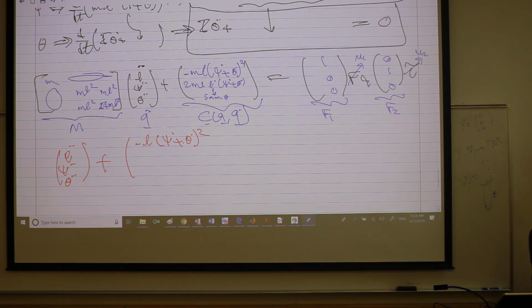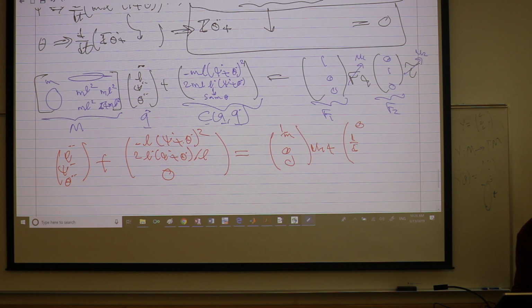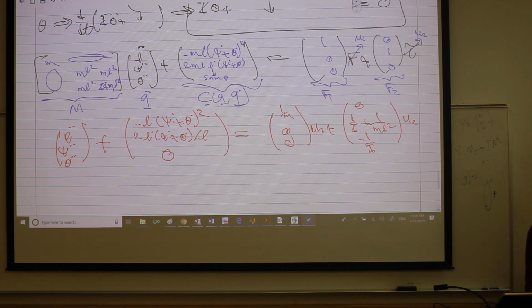I remember we divide by mL here, so this is L dot, this guy divided by L. Here you get 0 actually. And here, again, this is 1 over m, 0, 0. This is u1 plus, here is 0. And here is 1 over I plus 1 over mL squared. I think this is negative 1 over I2. So what's that?